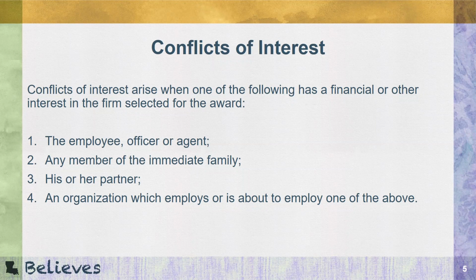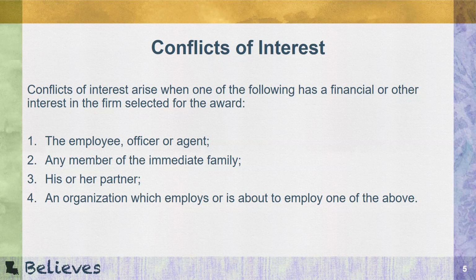And what the code of conduct is supposed to be doing is to alert people and let them know that we can't tolerate conflicts of interest, such as when an SFA awards a contract to someone who has either a financial interest or another interest in the firm that's selected for the award.